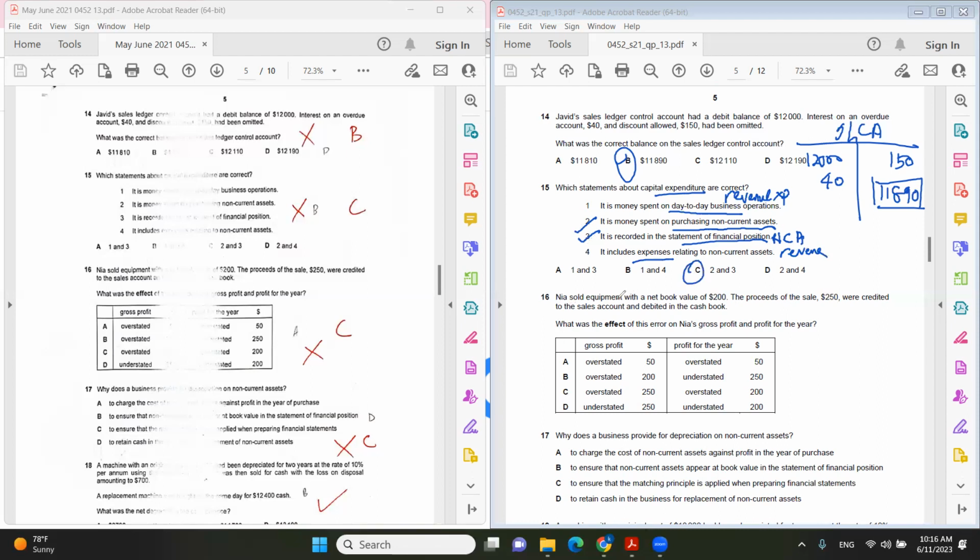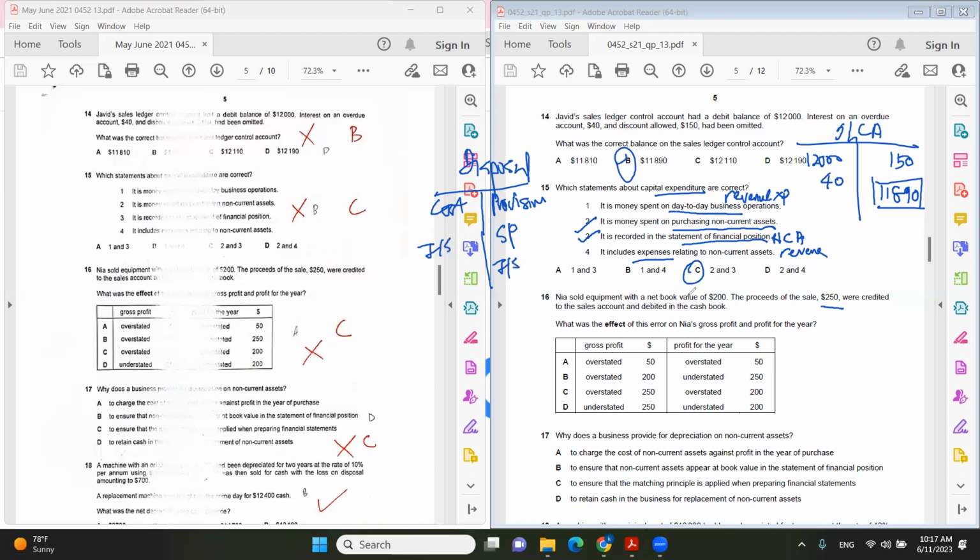Okay, 16. Near sold equipment with net book value 200. The proceeds of the sales, 250, were credited to the sales account and debited cash. So by right, when we do the account for the non-current asset disposal, the cost is sitting here, the provision for depreciation sitting in here, and then the sales proceeds should be sitting in here, credit side. And the difference would be a gain or a loss.